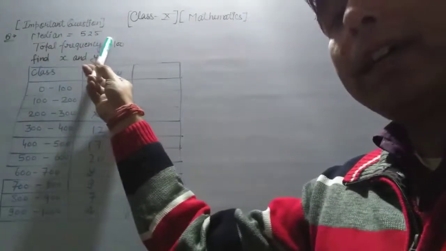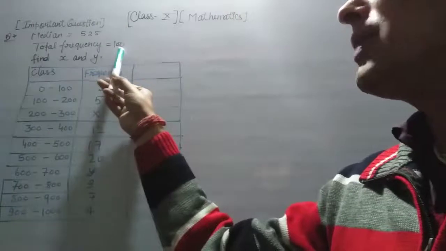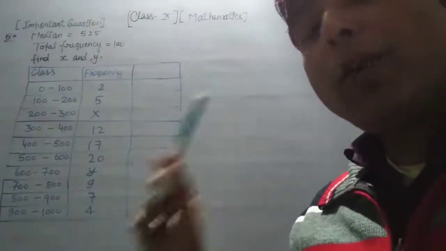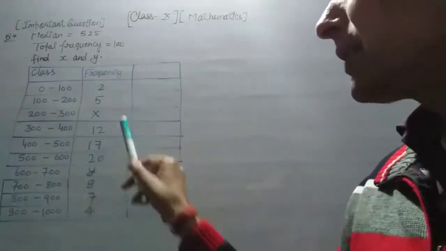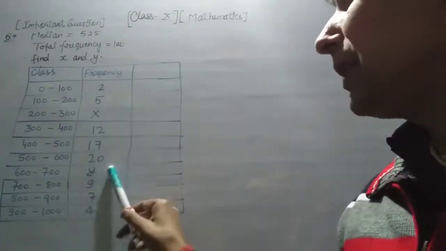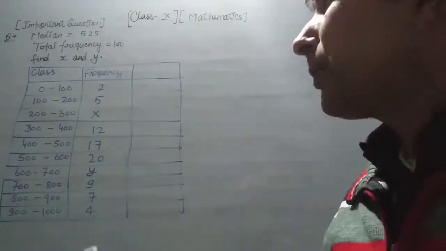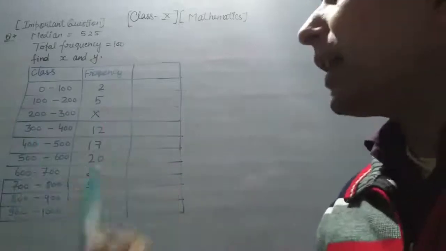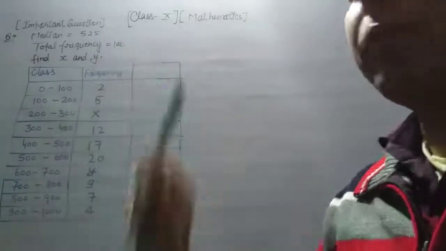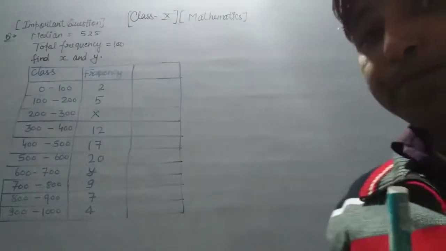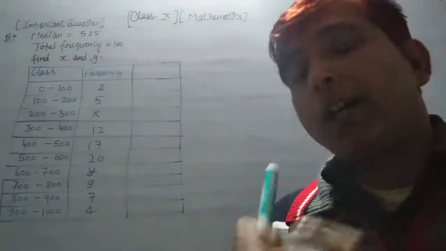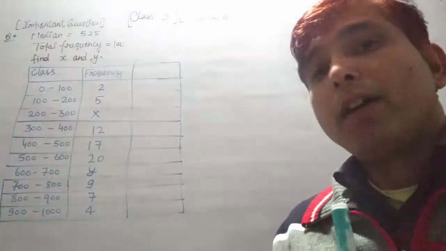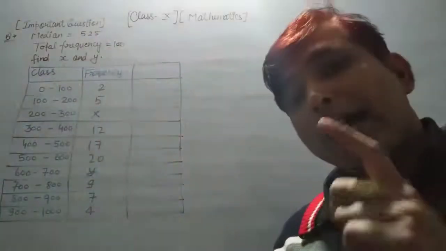The median is given, and the total frequency is also given. In this question you have to find the values of x and y. So there are two variables, and you have to find x and y when the table, the median, and the total frequency are given. I covered this type of question in the previous video, where the median is given and you find one variable.